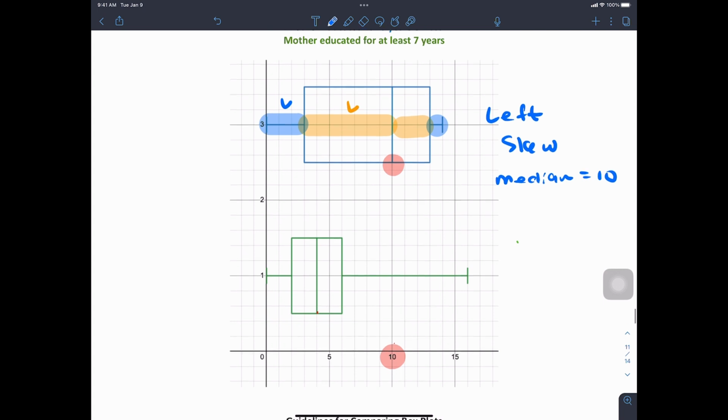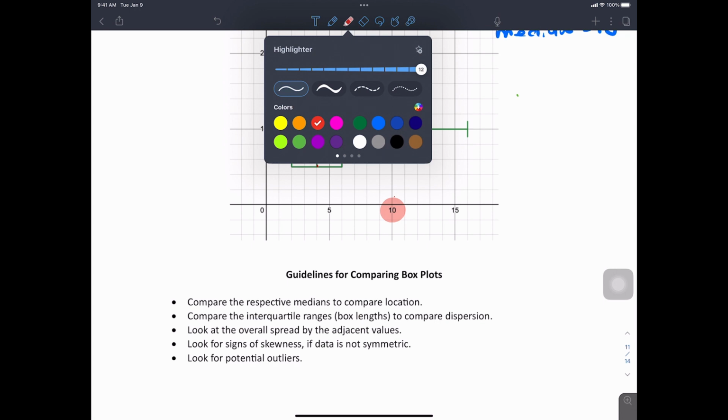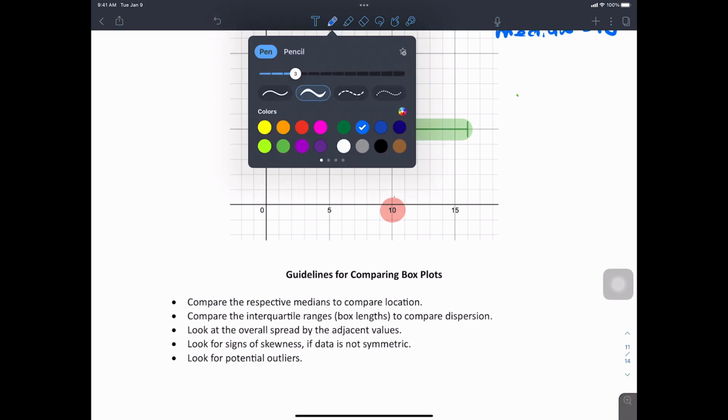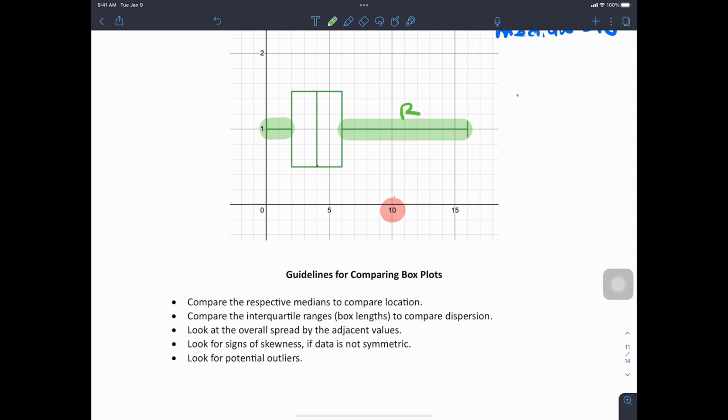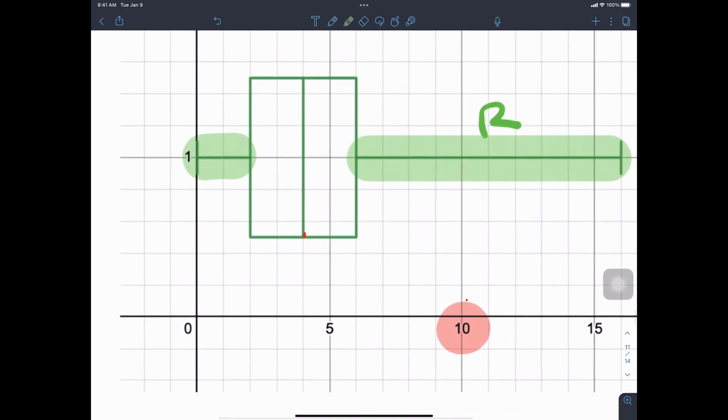Let's compare it to the other distribution. Here's my left whisker, but the right whisker is much bigger, so I'm going to say the right whisker wins out. You guys okay with that? Now, let's take a look at what you have here.